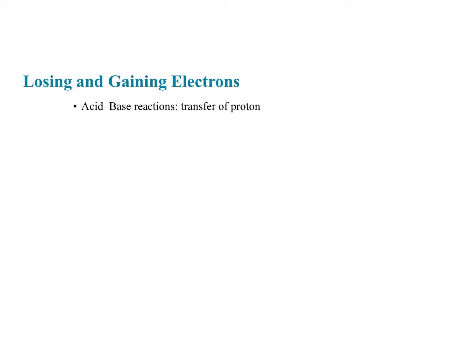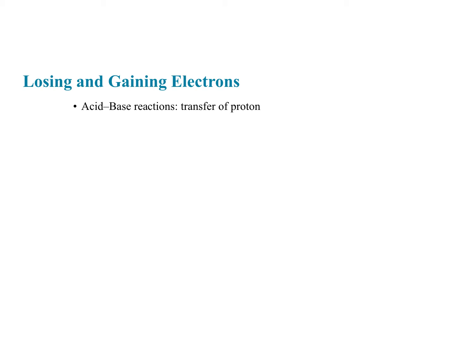Now, the next thing that we're going to talk about is what are called oxidation reduction reactions. We've previously in this chapter been talking about acid-base reactions. An acid-base reaction is a reaction where a proton is transferred from one molecule to another molecule. Or in other words, you have a gain or a loss of a proton.